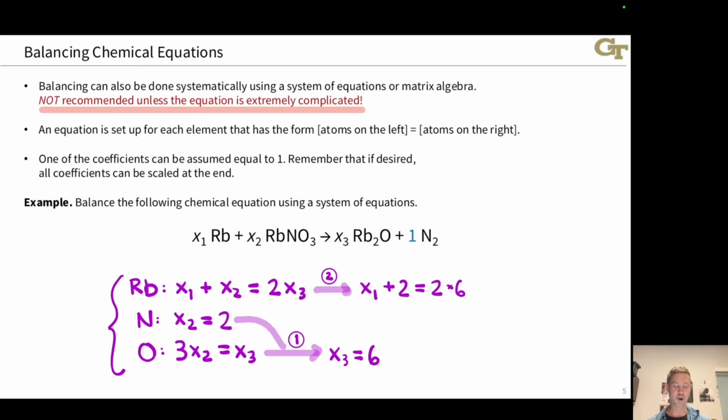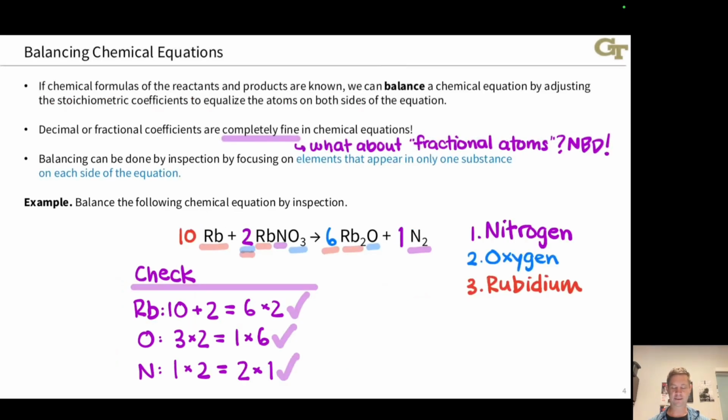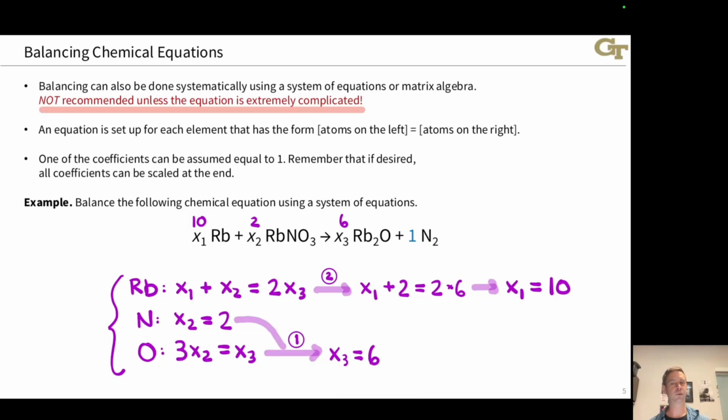And I already know that x2 is 2, so x1 must be equal to 10. And we've done it. We've solved the system of equations, and sure enough, these coefficients match what we found on the previous slide. 10 rubidiums, 2 rubidium nitrates, and 6 Rb2Os, along with the 1 and 2.